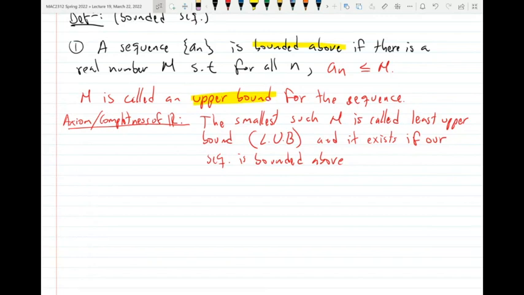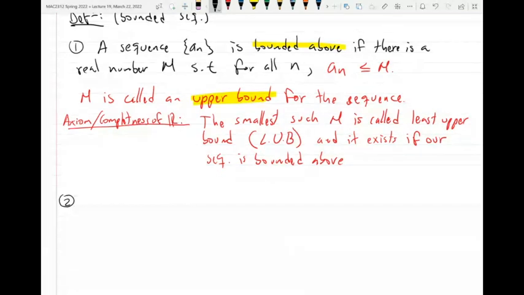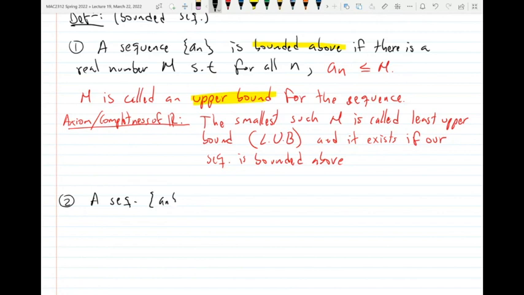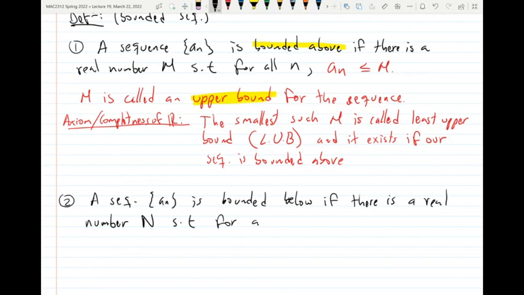Now similarly, we have the notion of bounded below. The sequence a_n is bounded below if there is a real number n such that for all little n, the terms in our sequence a_n are greater than or equal to this fixed number n.